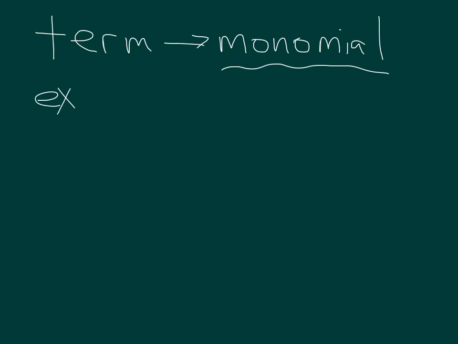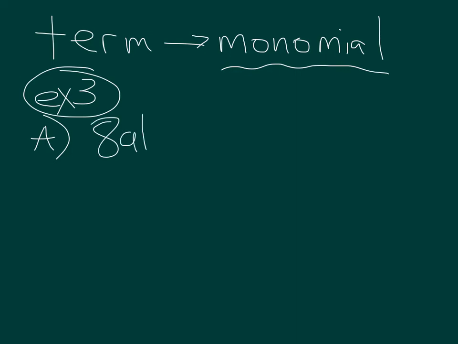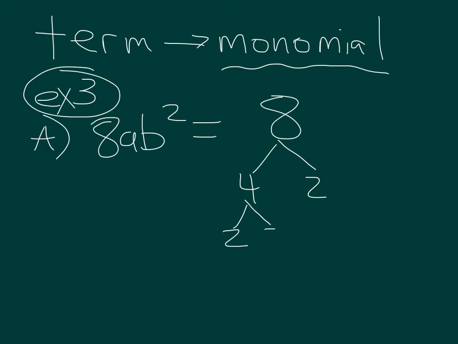And then example 3, they want you to factor the monomial. The question is 8ab squared. So if we factored this, we're going to do a couple things. First of all, we're going to factor 8. So 4 and 2, and then 4 can go further.